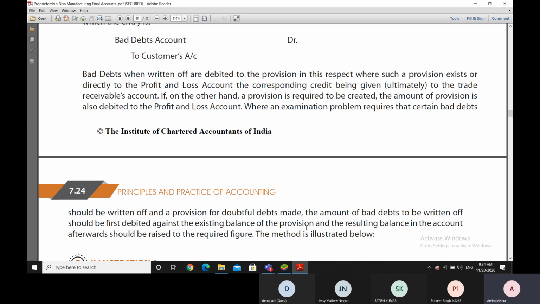Because if there is an existing balance of the provision, then you debit the bad debts and credit the balance of the provision. Once the balance of the provision expires and you need to debit more bad debts, then you debit the bad debts, extra bad debts that are not getting adjusted in the provision account, and credit the customer in respect of those.